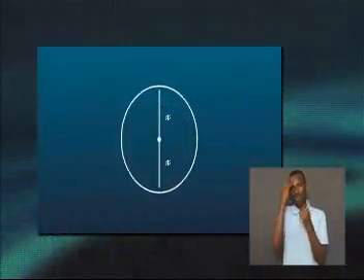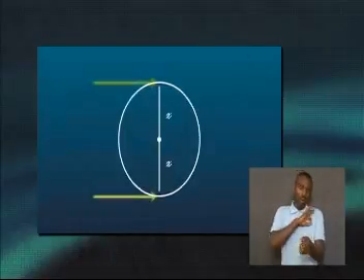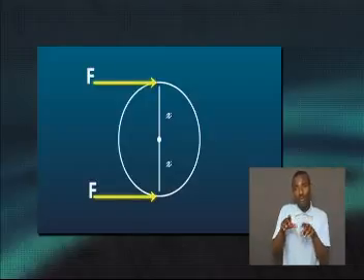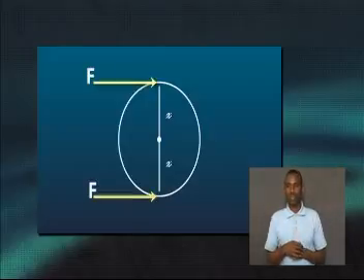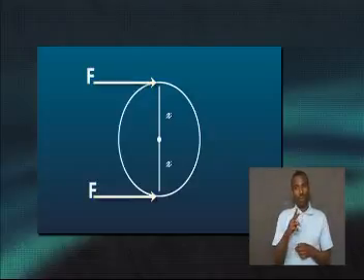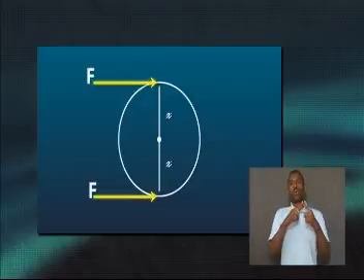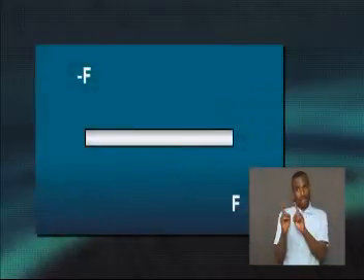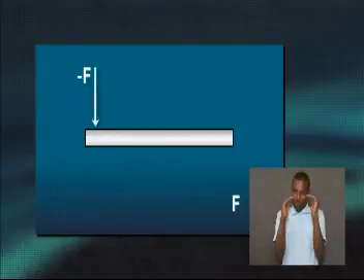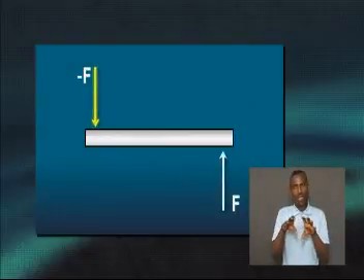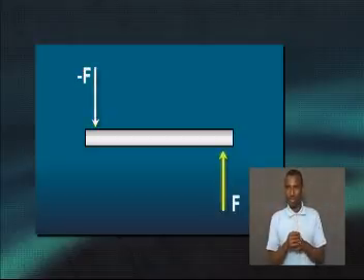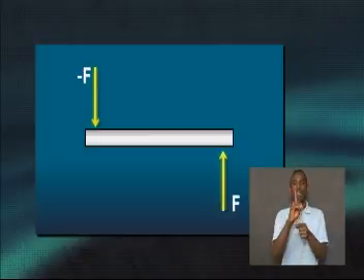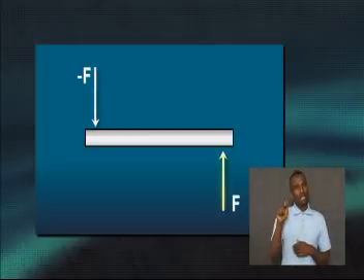In this figure, the forces are equal and are moving in the same direction, but they are producing torque in opposite directions. In this figure, the forces are equal and are moving in opposite directions, but they are producing torque in the same direction. This is a couple.